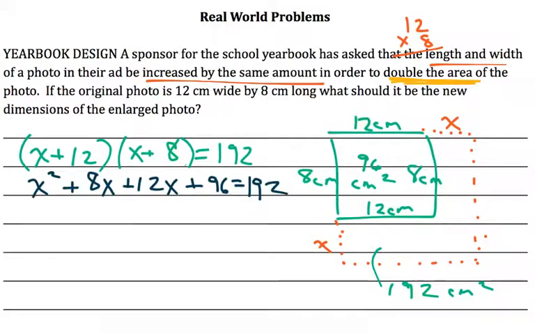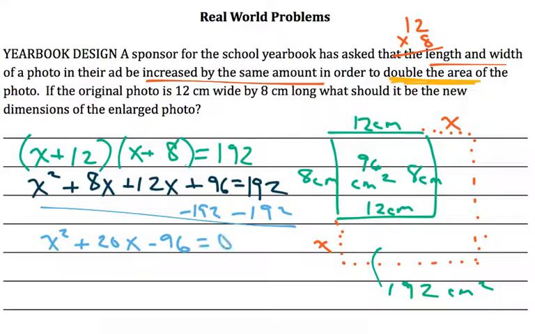Then I'd go in and try to get 0 on the right side. And I have an x squared plus 20x minus 96 is 0. So now I'd be looking for the factors of 96 that would add up to 20.